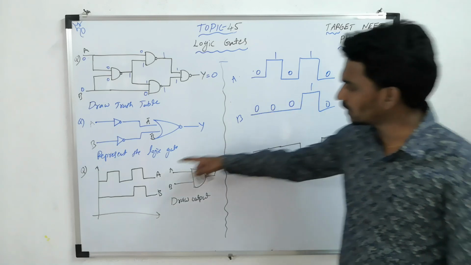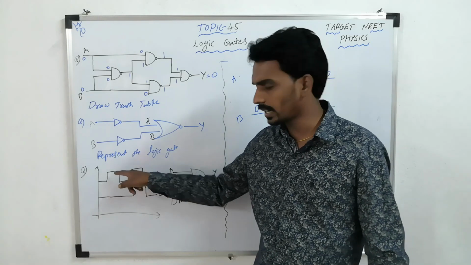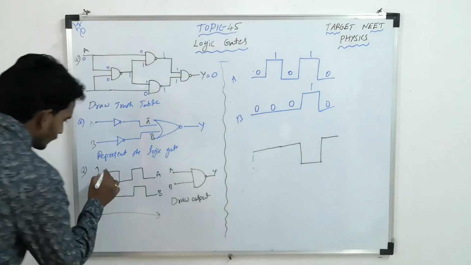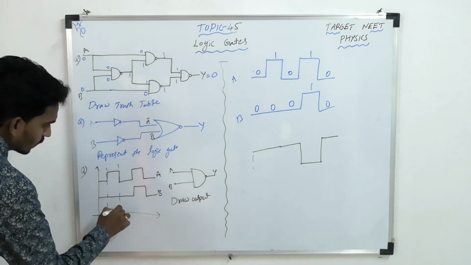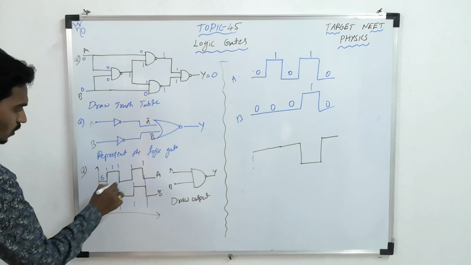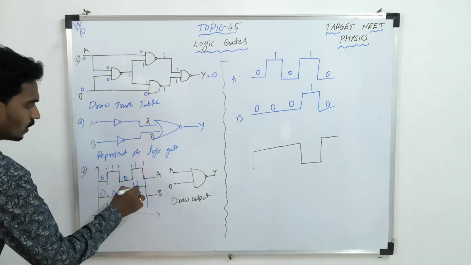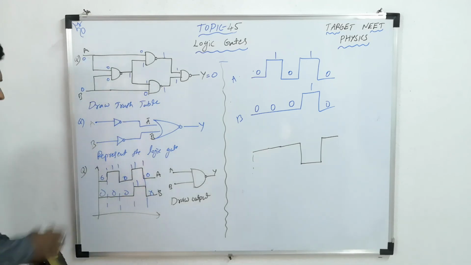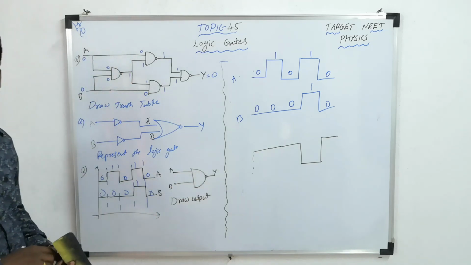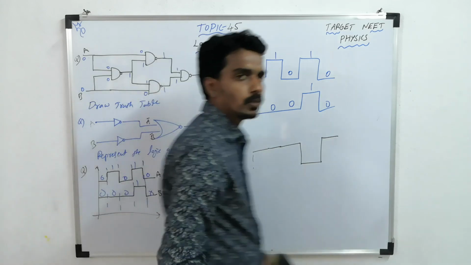You have to treat the lower level as 0 and the higher level as 1. Then divide into segments like this, so 0 0 1 0 0 0 1 1 0 0. After that you check for 0 0 what is the output for the given gate. Then you can draw the output wave pulse.